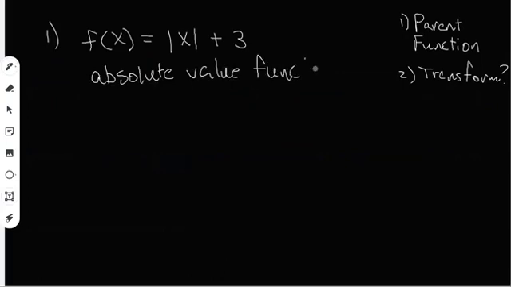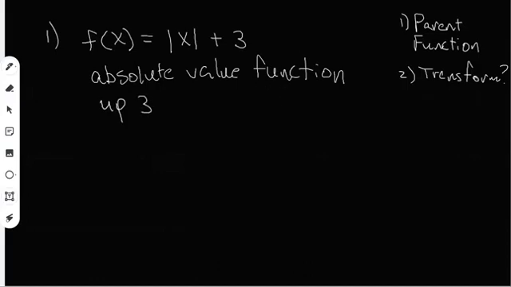That's the parent function. I know that because it has these absolute value symbols around the x. But what is the transformation? Since we're adding 3 on the outside, that means we're moving up 3.